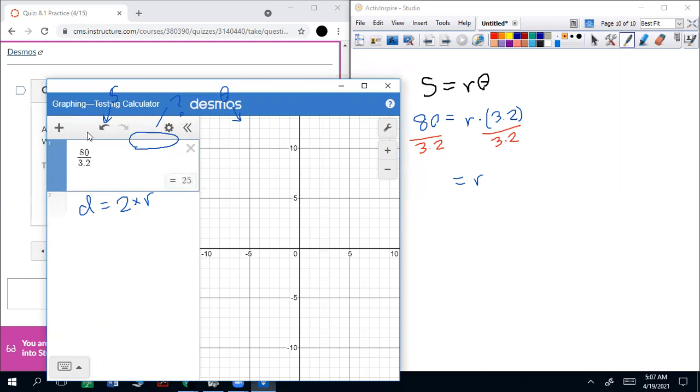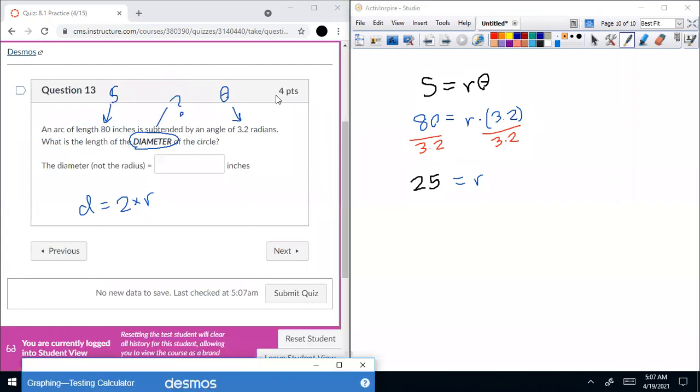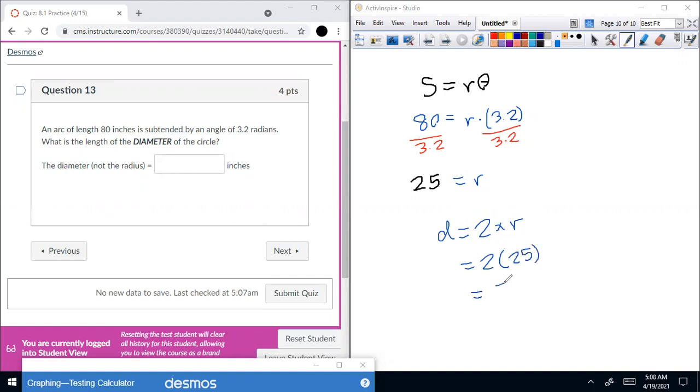That's 25 even. Cool. So we have our radius now. Remember, your diameter is 2 times the radius. So 2 times 25 is going to be 50 inches.